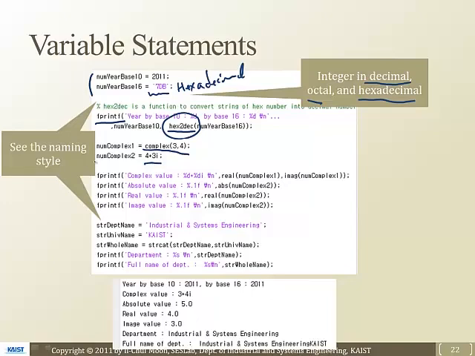And see the naming style. We kept the first important word lowercase, and for the second and third we capitalized the first letter. And this complex(3,4), or 4 plus 3i, these are complex numbers. In Korean, 복소수. So the 3 and the 4 are the real parts.